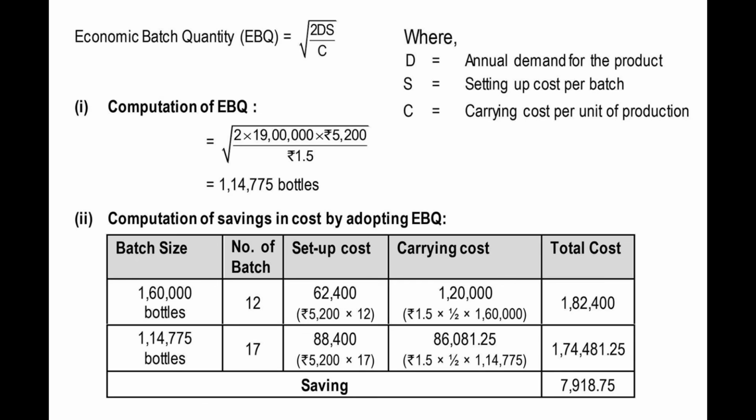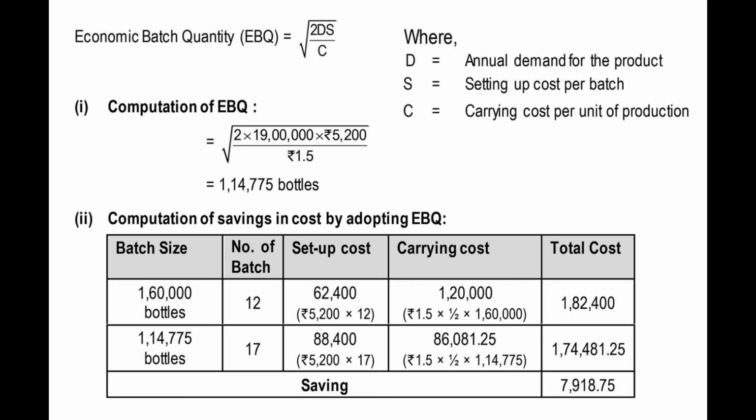Now we have to total the setup cost and carrying cost. So setup cost 88,400, carrying cost 86,081.25. Add both the costs. Update in the total cost column. The total cost under economic batch quantity will be 1,74,481.25. Under the existing policy, the total cost was rupees 1,82,400.